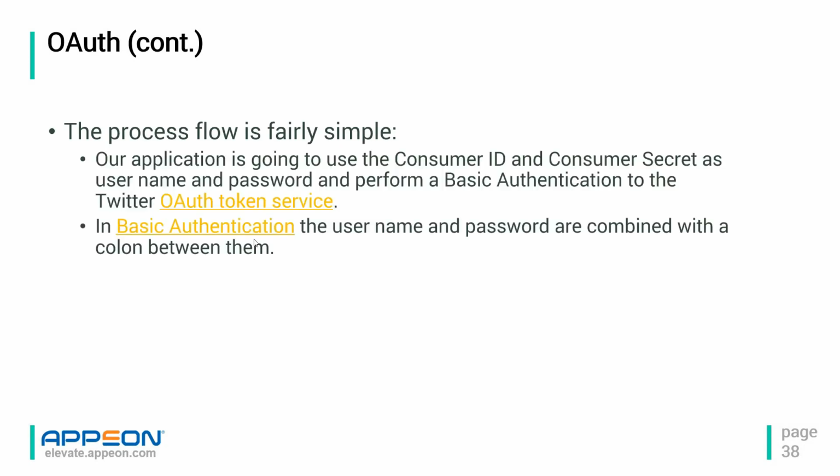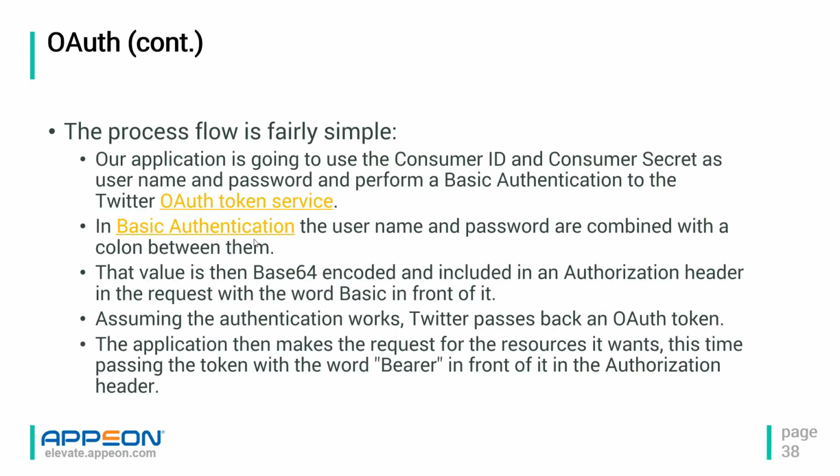So here's what happens when you're doing OAuth. You take your consumer ID and consumer secret, and you do basic authentication with it. Now you're not going to have to worry about all this. I'm just explaining what PowerBuilder is doing under the covers for you. So what happens in basic authentication is you take your user ID and your password, you put a colon between them, put them together as a single string of text.